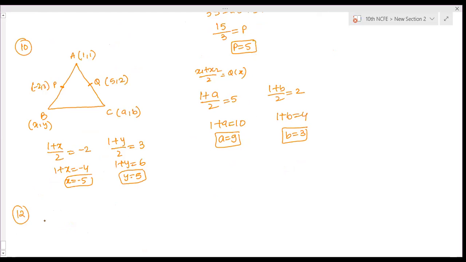Yes, ma'am. If the midpoint of the line segment joining 3, 4 and K, 7 is P with coordinates x, y.